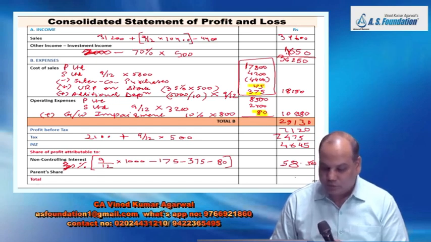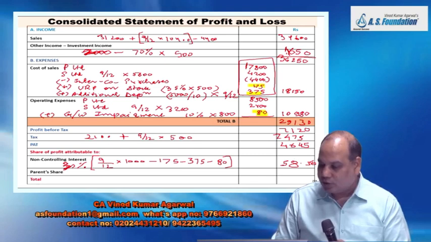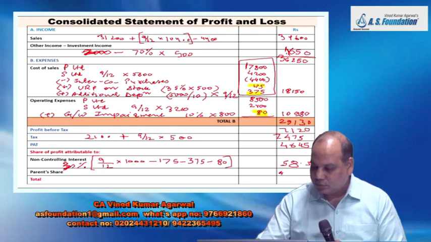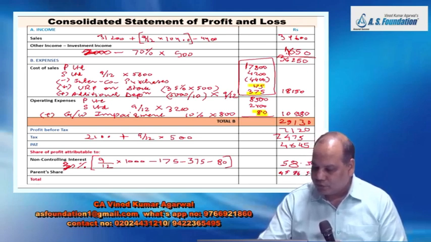And then the balancing figure, 4,645 minus 58.50, is the parent share. How much is that? 4,586.50. Very good.